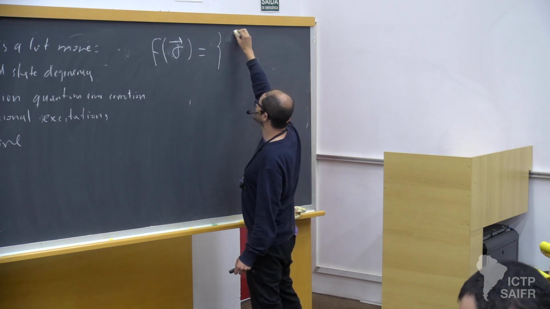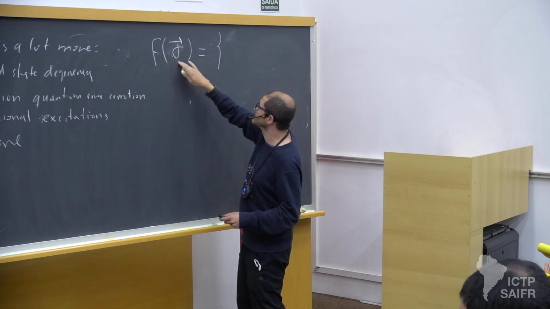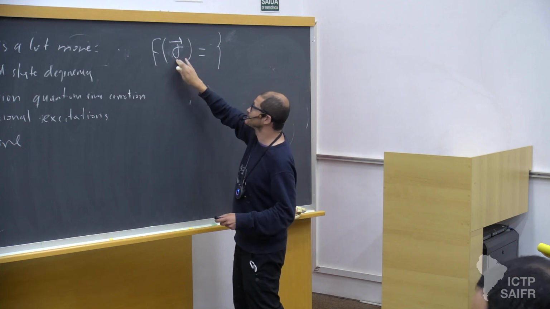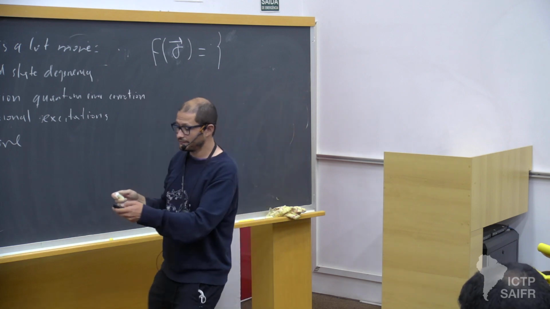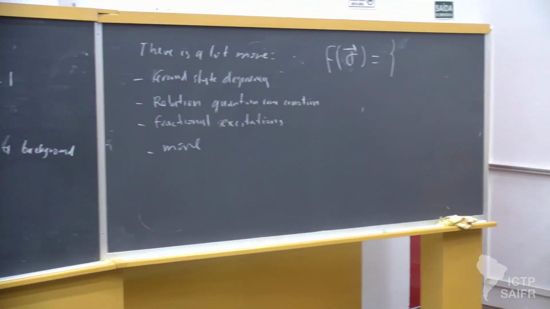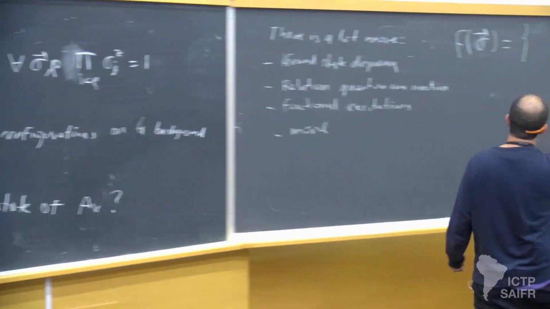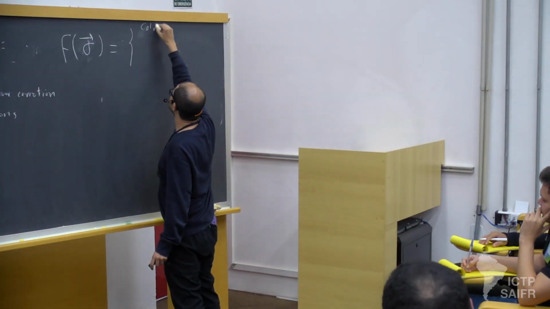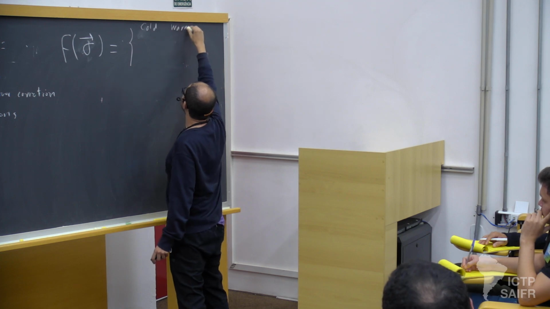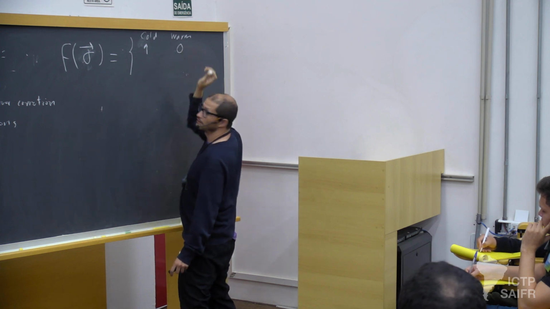The behavior that I tried to explain yesterday was this: if sigma was a ground state of this part of the Hamiltonian, then the cold neuron would be 1, and the warm neuron would be 0, okay?